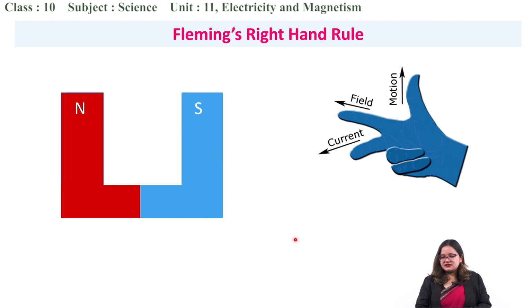Here you can see a U-shaped magnet. We will be using this magnet because we need the north and south poles facing towards each other. Now from this, what information do you have so far? Nothing, right? You just have a U-shaped magnet.